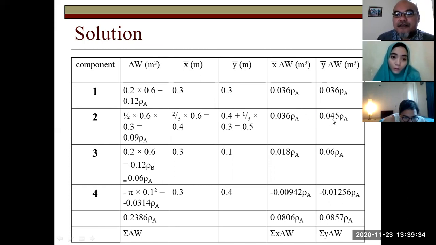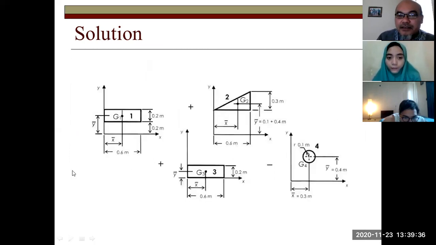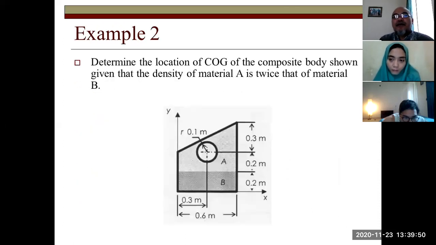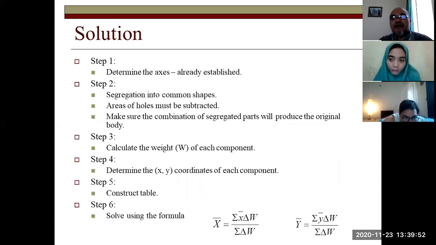Component 3 is similar but different. Now it has a different density, which is rho B, right? But we know the relationship with rho A, that rho A is twice that of material B.